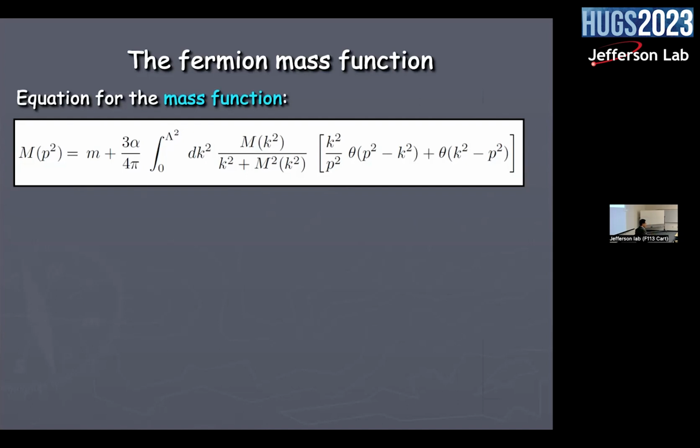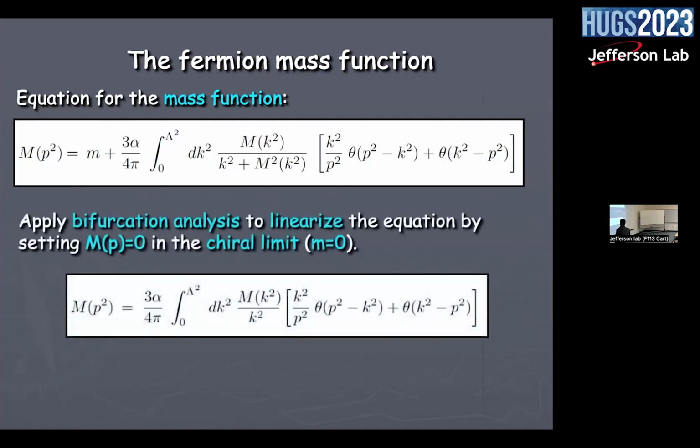And if that is 0, all your corrections will always be 0. So there is no non-trivial solution tenable in perturbation theory for the mass if the original mass in the Lagrangian was 0.